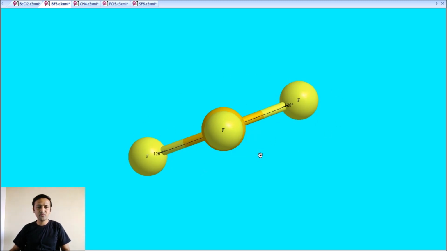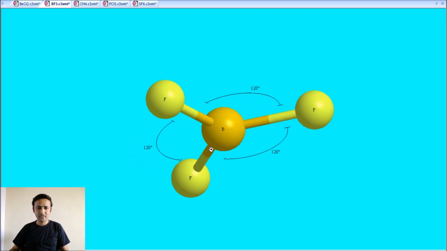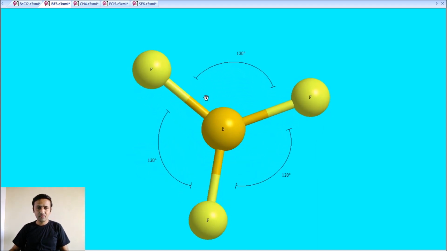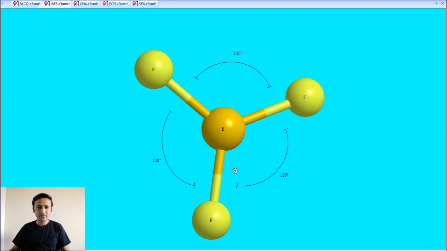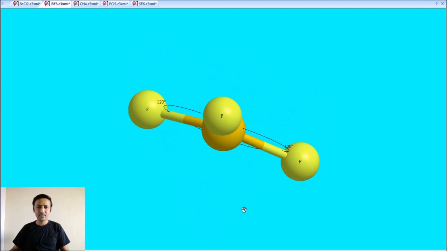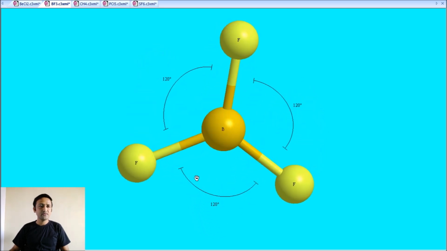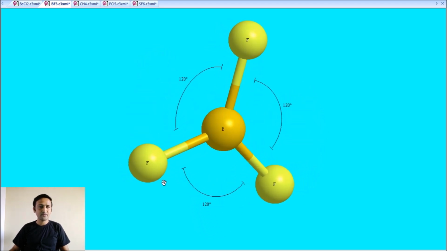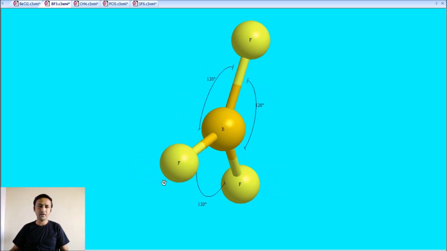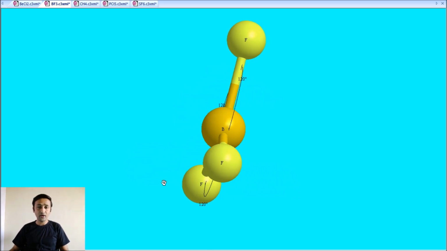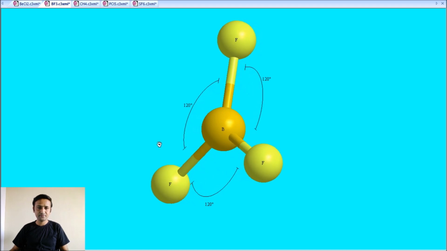So it is said to be a planar geometry with a bond angle of 120 degrees. So we have three 120 degree bond angles in the case of boron trifluoride. So this is about boron trifluoride. Remember, the bond angles are 120 degrees here.